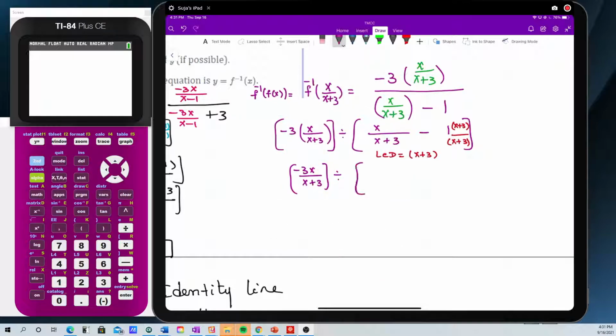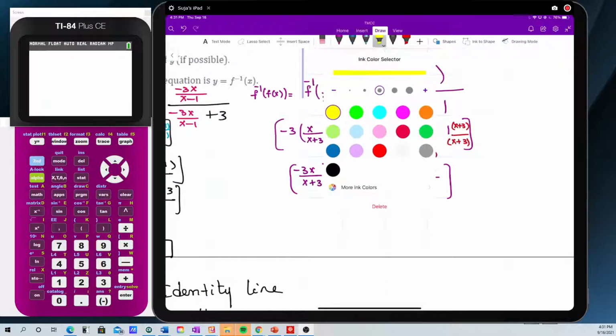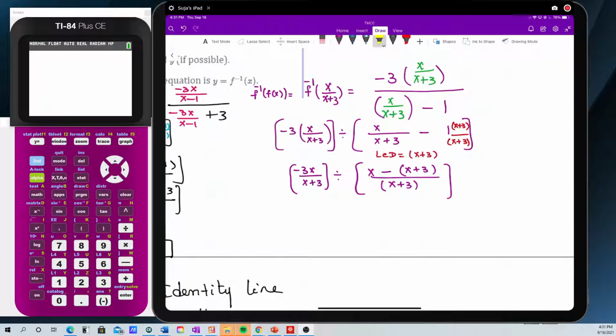So the numerator is x minus parentheses x plus 3 over x plus 3. So be very careful when you see a negative sign like that, because this is one of the common mistakes: people ignore this negative sign on the second term when they distribute. Divided by x minus x minus 3.